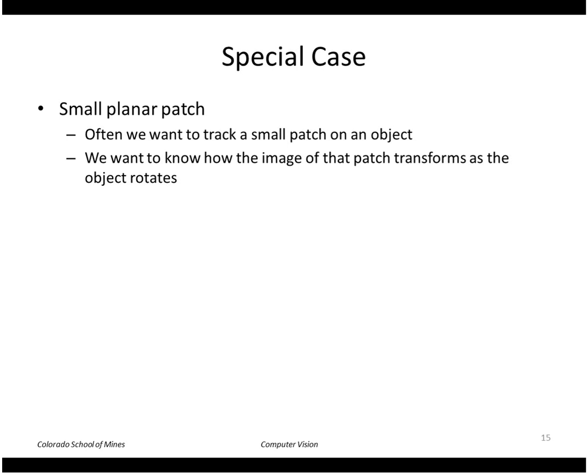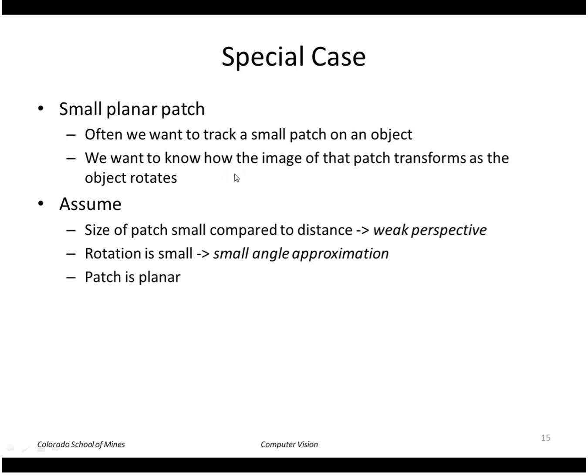Kind of combining that, now is a special case of a small planar patch. So often we can just model any object as consisting of a bunch of small patches like this. And if we want to track a patch, we want to know how that patch transforms as the object moves. So if the size of the patch is small compared to its distance, we can use this weak perspective assumption. And if the rotation is small, I can use the small angle approximation to the rotation matrix.